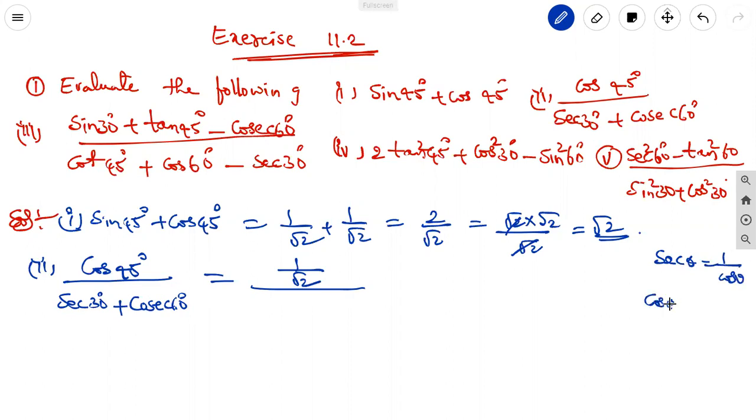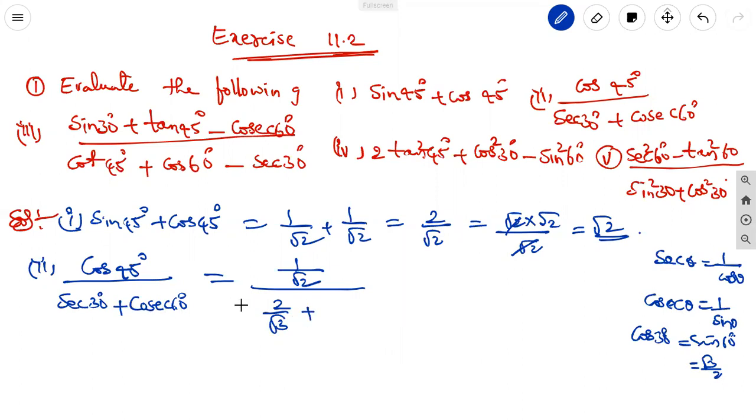Cosecant theta is 1 by sin theta. Here, we know that cos 30 value is equal to sin 60 value. What is the sin 60? That is root 3 by 2. Cos 30 is also root 3 by 2. So here, secant means 1 by cos, 1 by cos 30. That is 2 by root 3.